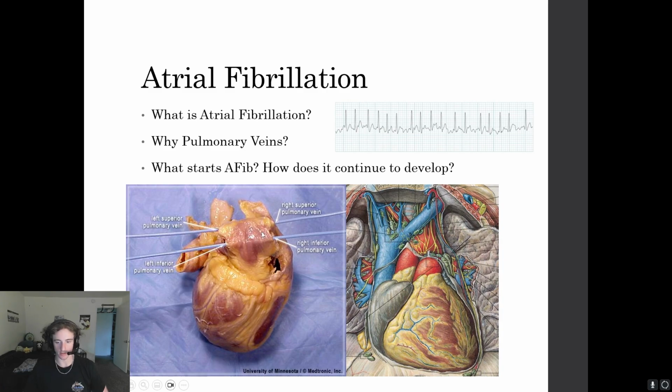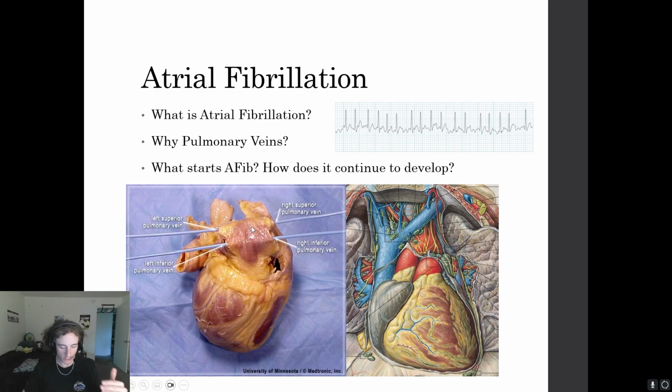Think about that original anatomy of the conduction system that we talked about. You have the sinus node, but then we also have Bachmann's bundle that goes to the left atrium. So you have a signal coming from the SA node and traveling over into this back wall of the atrium.